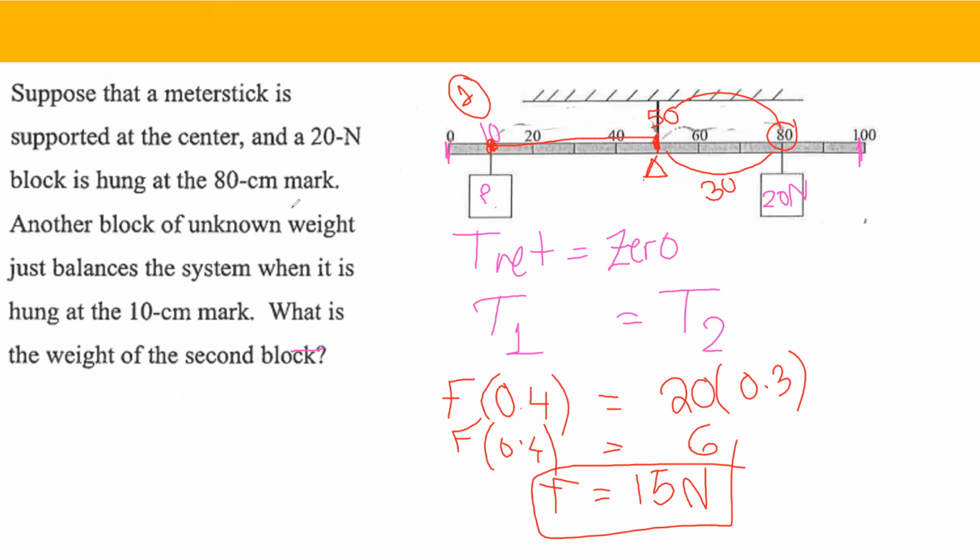I need now to find the distance from where the block is hanging up to the pivot point.